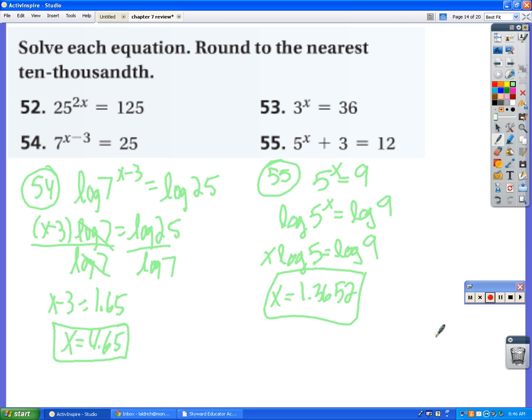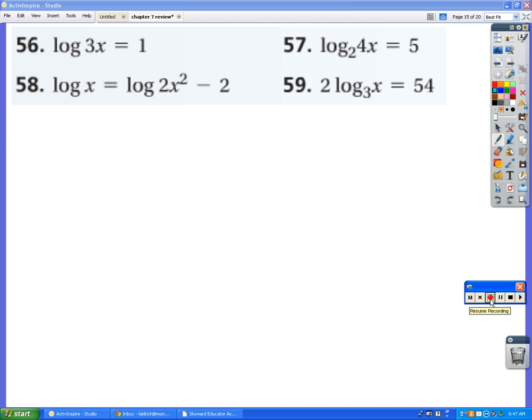Okay? So, again, moral of the story, when you see a variable in the exponent, solve it by logging both sides. Remember yesterday when we did those problems about rewriting it in log form? I said this is the secret to life, the universe, and everything.